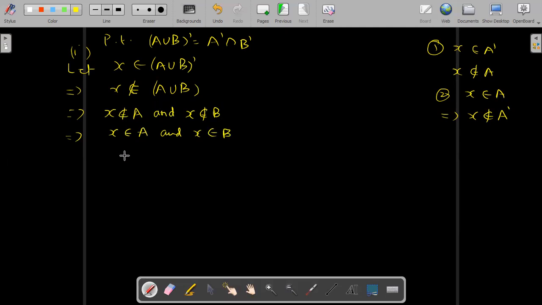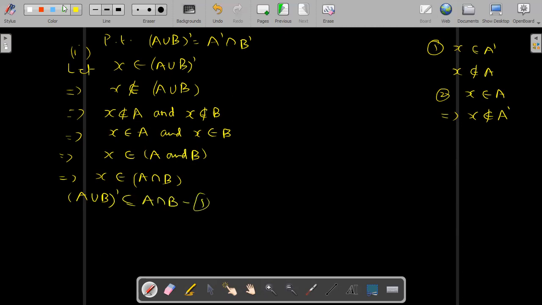You can write this together: X belongs to A complement intersection B complement, where "and" means intersection. So it is proved that A union B complement is a subset of A complement intersection B complement. The first part has been proved.